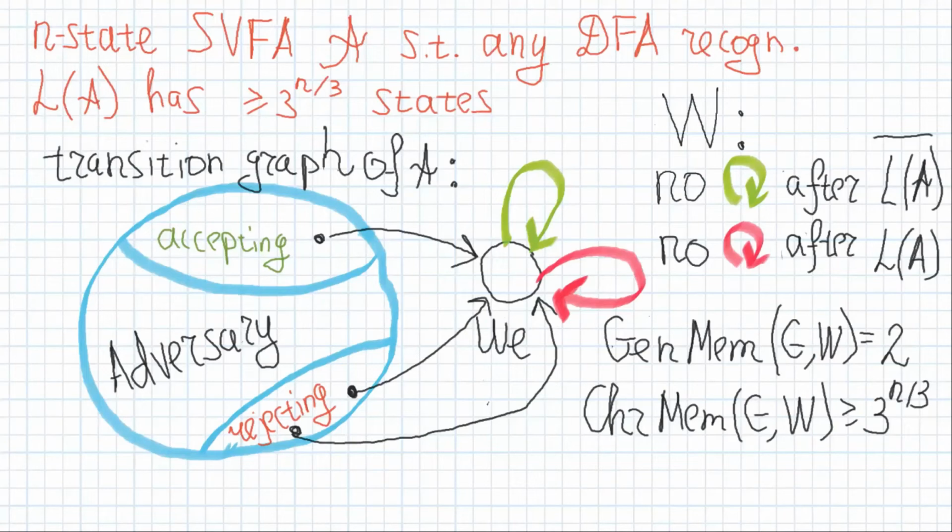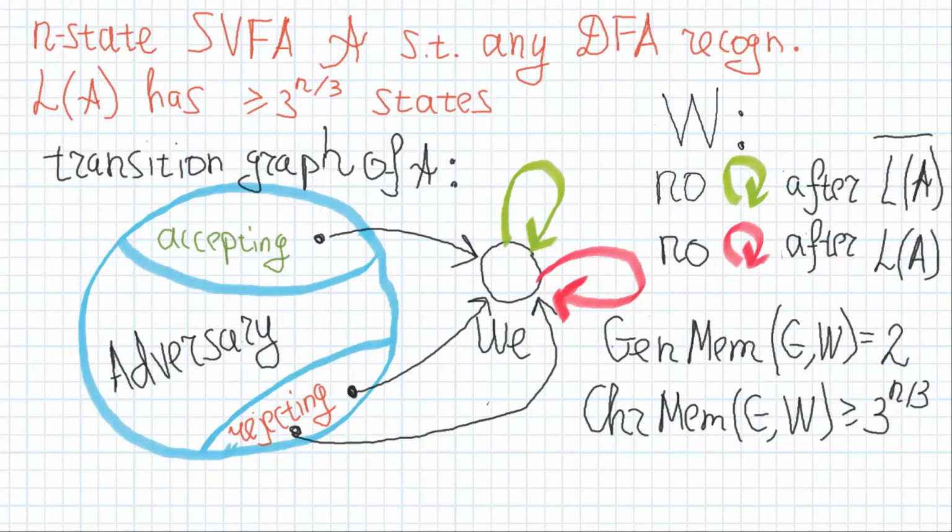And if before the black edge we have some word which consists of the input letters of A but doesn't belong to the language recognized by A, then we have to use the red edge.